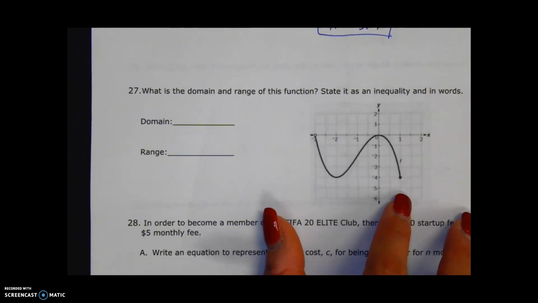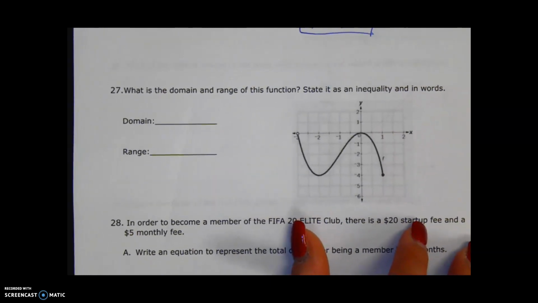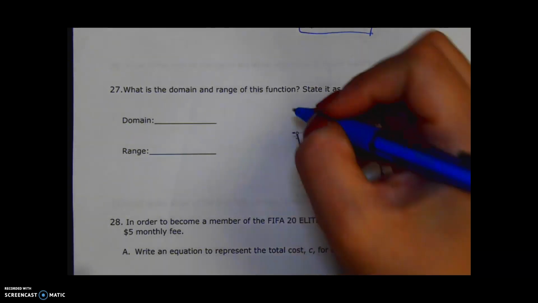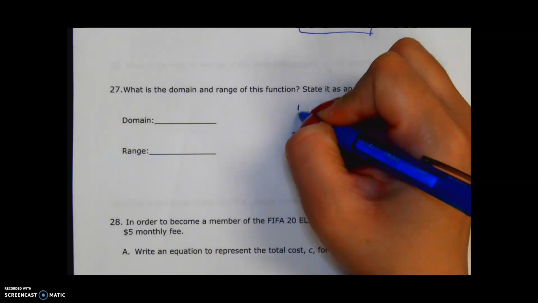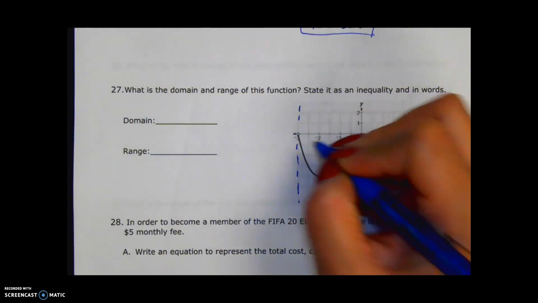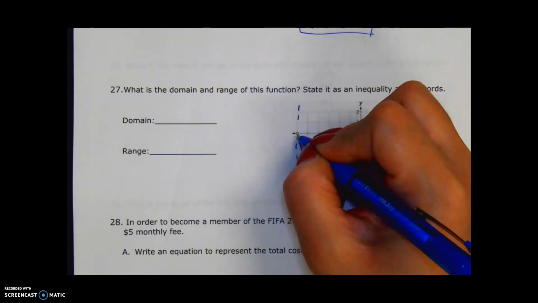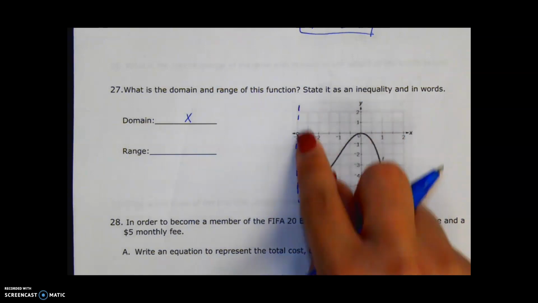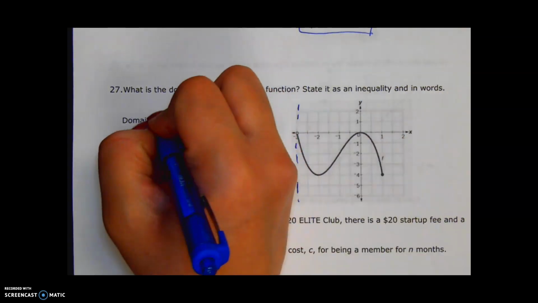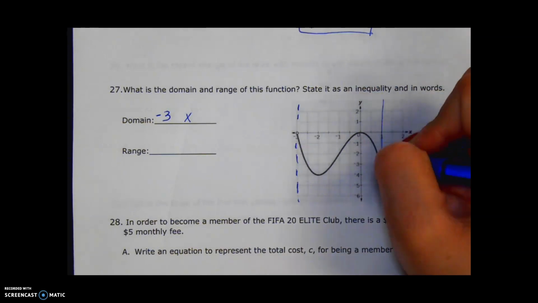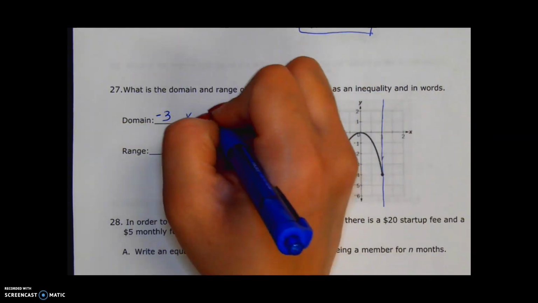Number 27, domain and range. So remember, domain is the values that go from the left to the right. So I'm going to start here for my domain. And I'm doing a dotted line on purpose because I have an open circle there. Okay, so I know I'm looking for x values. On my left side, I have negative 3. On my right side, I have a solid line at positive 1.